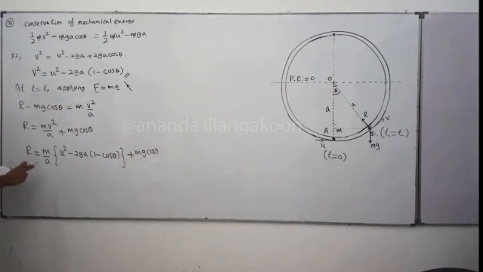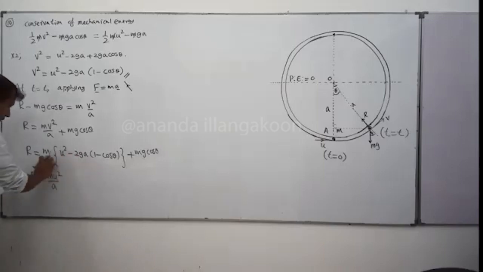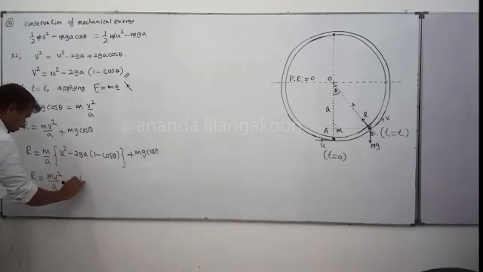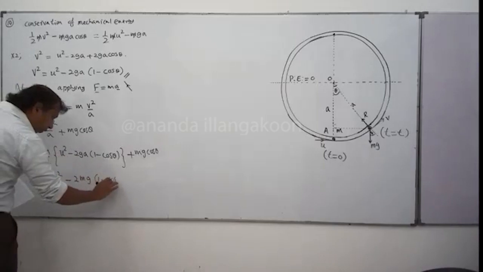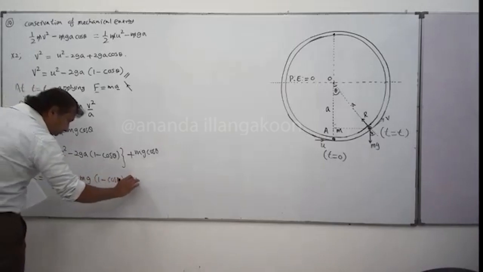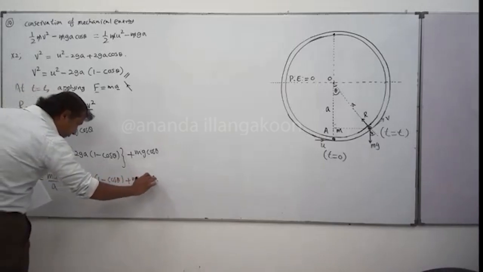Then we remove the bracket by multiplying: the a cancels here, and we get m u squared by a minus 2 m g (1 minus cos theta) plus m g cos theta.